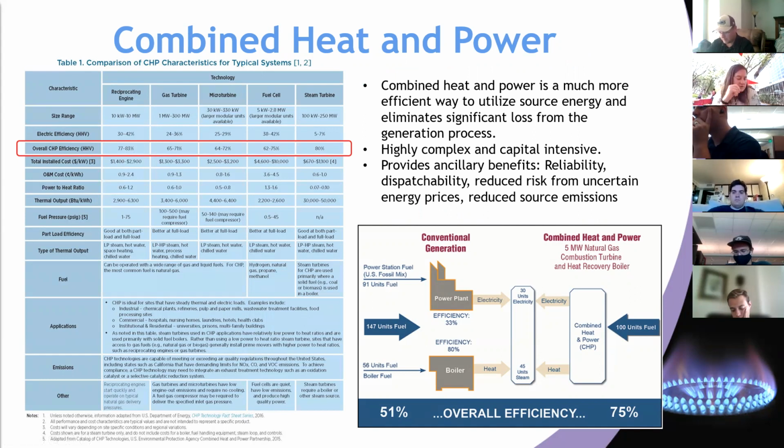It's been really difficult to get this implemented anywhere because it's very capital intensive, but it does have benefits in terms of reliability, and you'll have a backup source of power if you lose power. You can generate the same amount of useful electricity and heat with a much greater efficiency overall than doing them separately.